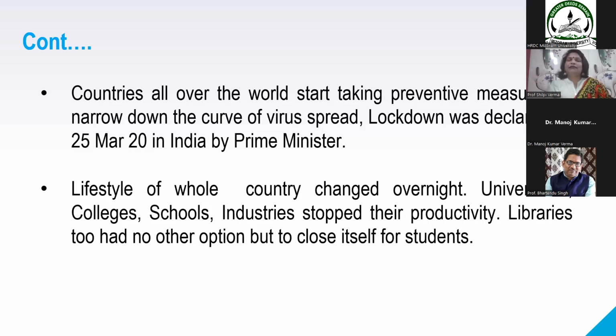This happened because schools, colleges, and everything was stopped at that time. And the libraries also had no option but to close. In the university system, the students were not able to access the library, the faculty were not able to access the library.